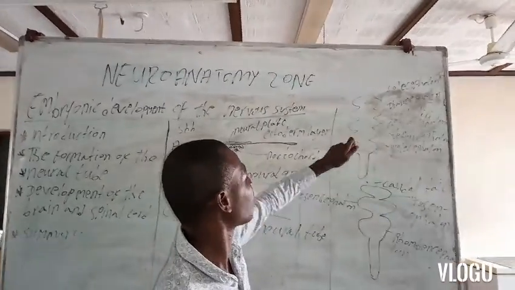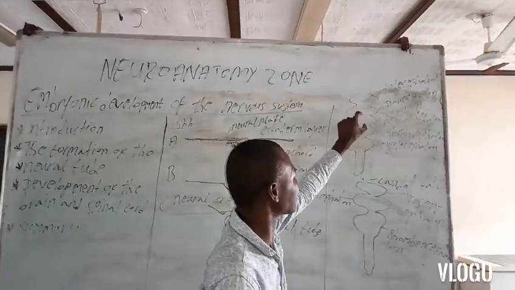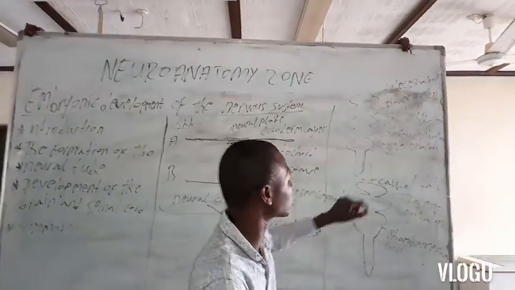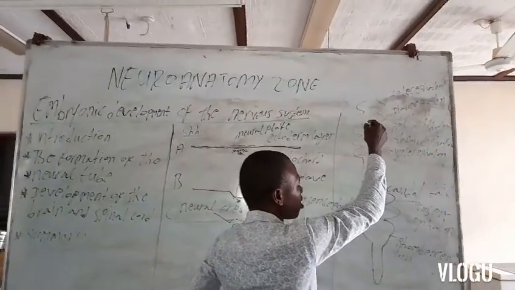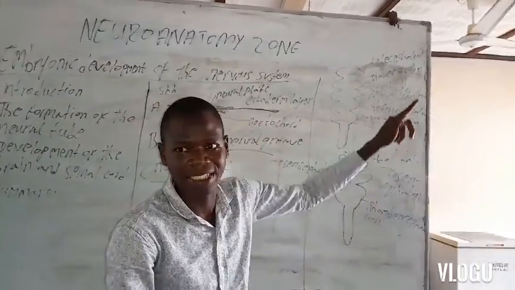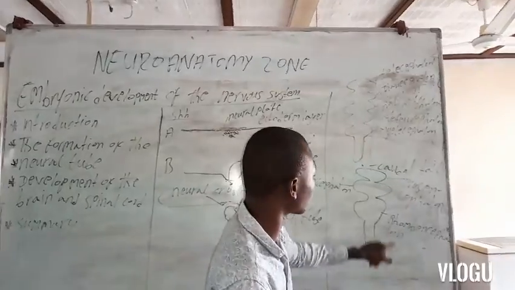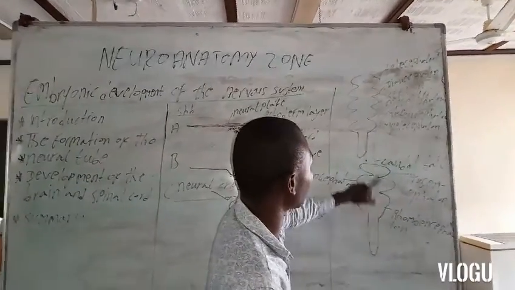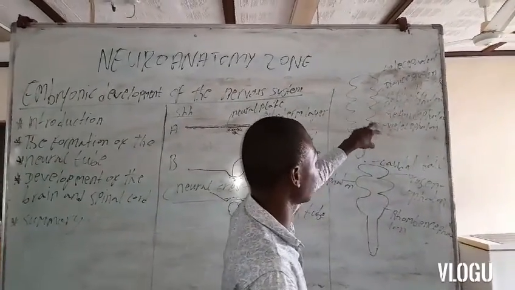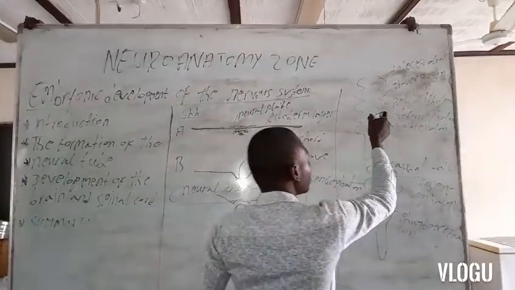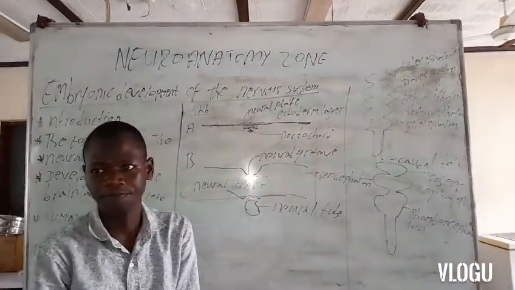Okay, and then the vesicle of the mesencephalon is going to be developed to produce the cerebral aqueduct of Sylvius, which connects the third ventricle to the fourth ventricle. And then the vesicle of the rhombencephalon, the whole of the rhombencephalon, that's both metencephalon and myelencephalon, is going to form the fourth ventricle. Okay?